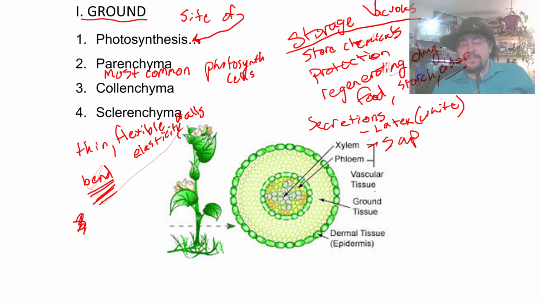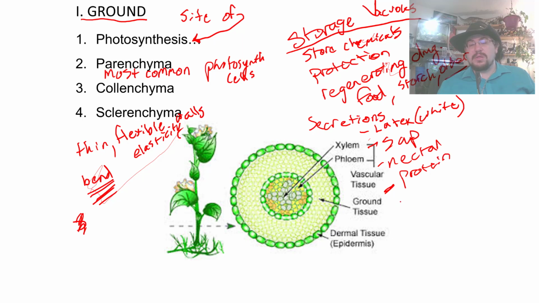So you also get the nectar producing cells as being part of the parenchyma, and you get the protein and metabolic waste storage in there.